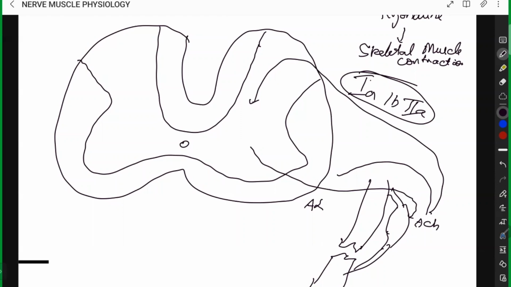For acetylcholine to be released at the motor end plate, the important part is played by your V-SNARE and T-SNARE. When the V-SNARE is blocked, what happens? The tetanus toxin comes, and it is going to inhibit your V-SNARE. Because of this, what happens?